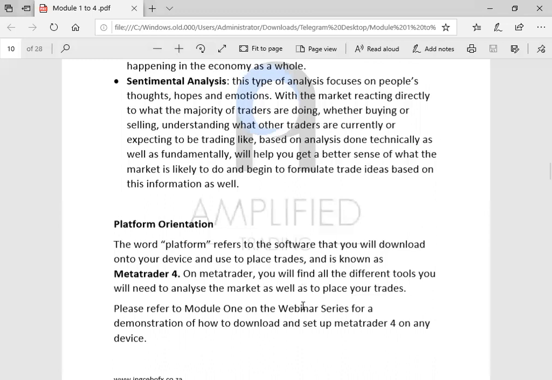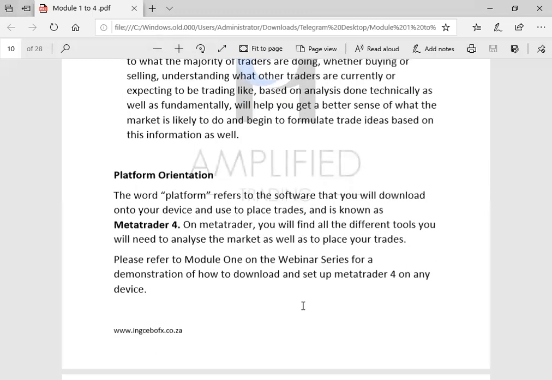Now, the platform refers to the software that you download, whether on your smartphone or your laptop, and use to place trades. It's known as MetaTrader 4, as I mentioned, developed by MetaQuotes, and you'll find different tools there to analyze, and that is strictly for technical analysis, right?